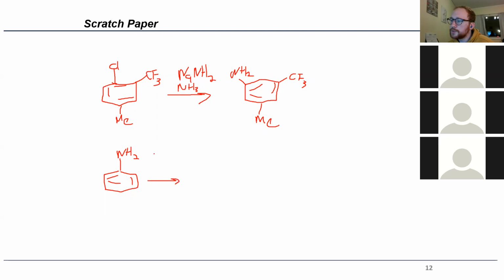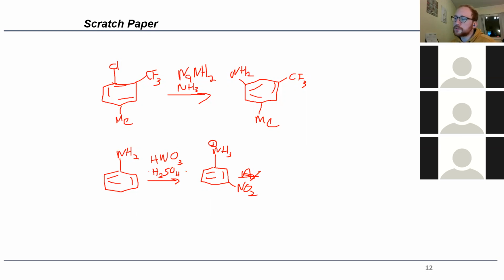When doing nitrations, if we use nitric acid and sulfuric acid, the aniline is protonated, is now a meta director, and substitutes the nitration meta.